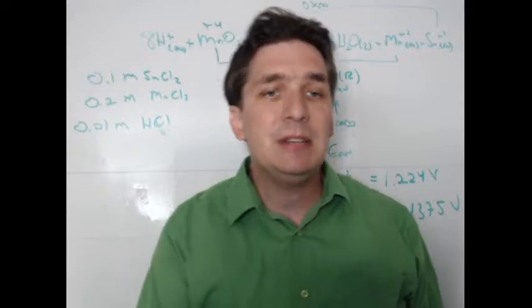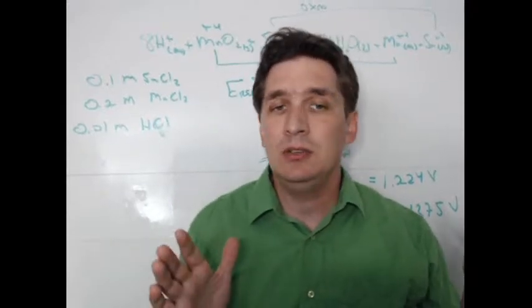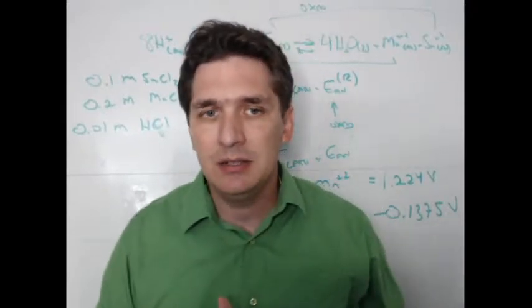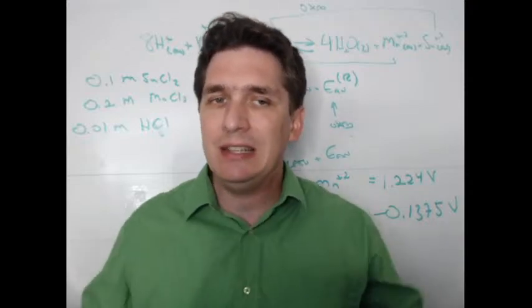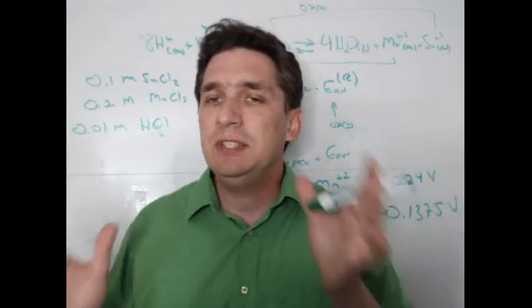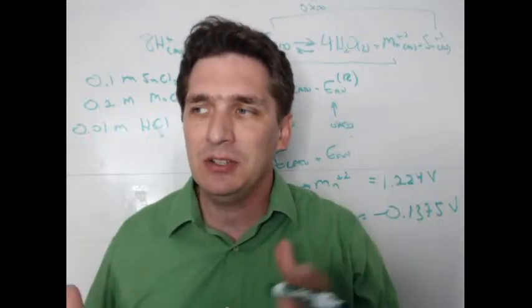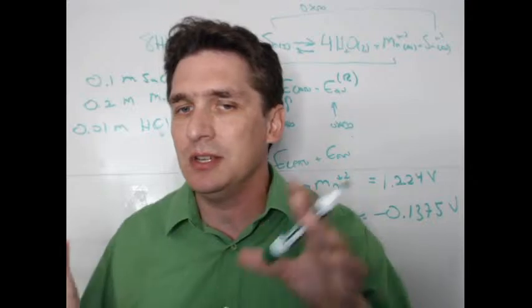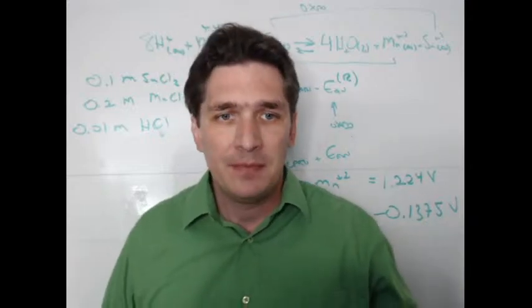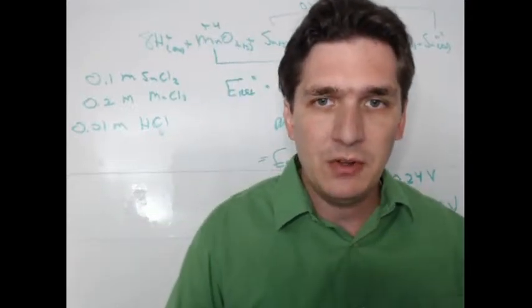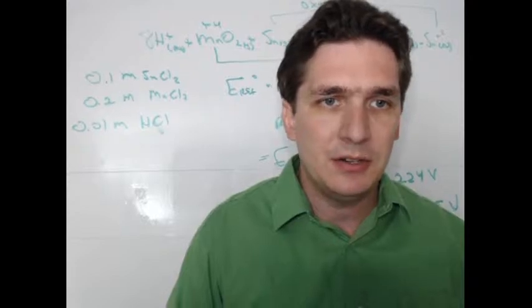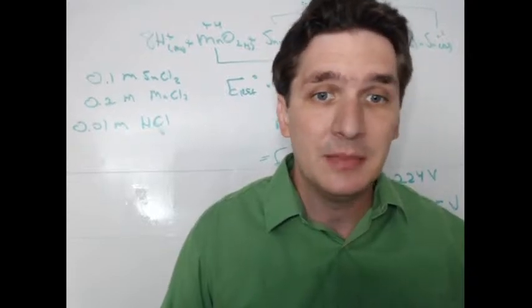So the thing to keep in mind about electrochem is that you've actually already done this. Don't try to treat this as a completely separate new topic. You've done potential energy. That's all electrochem is, potential energy, but instead of kilojoules per mole, it's just volts.